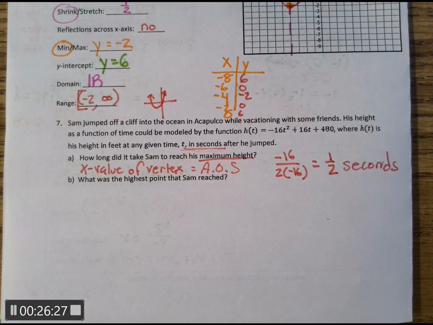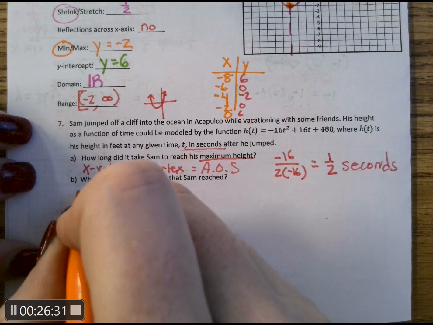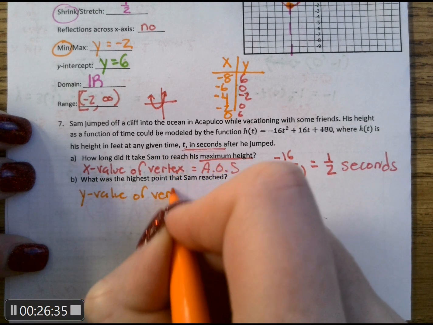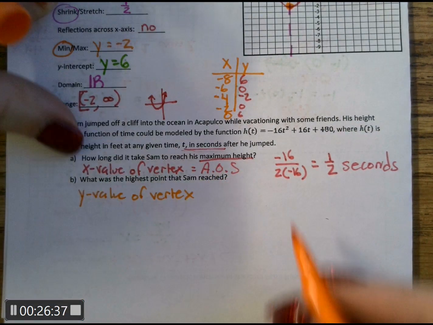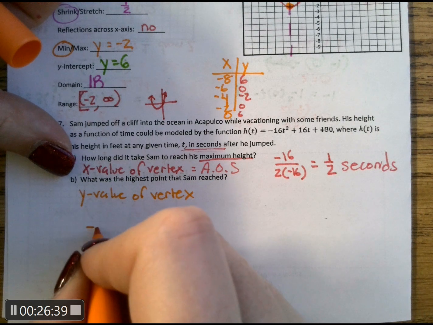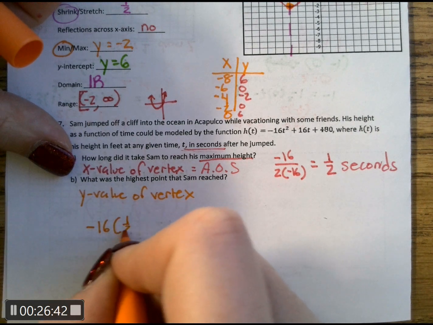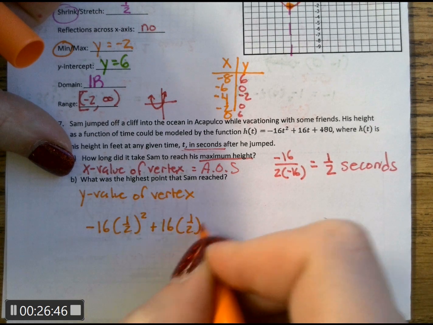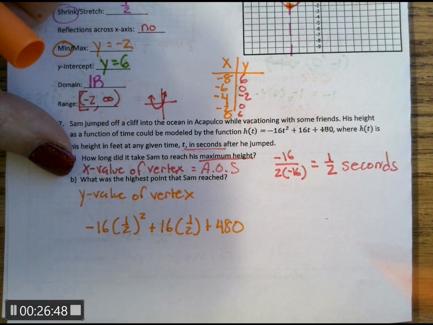Now we want the highest point that Sam reached. So now we want the y value of the vertex. Okay, so we want to substitute in 1/2. So we have negative 16 times 1/2 squared, plus 16 times 1/2, plus 480.